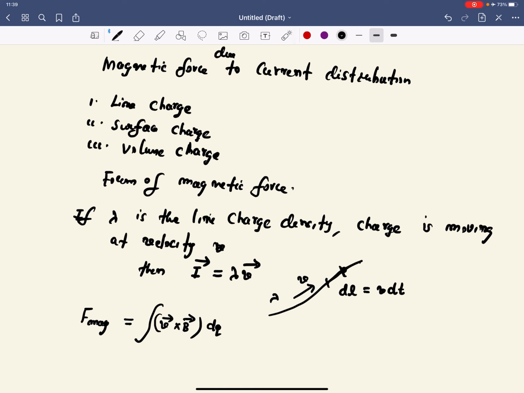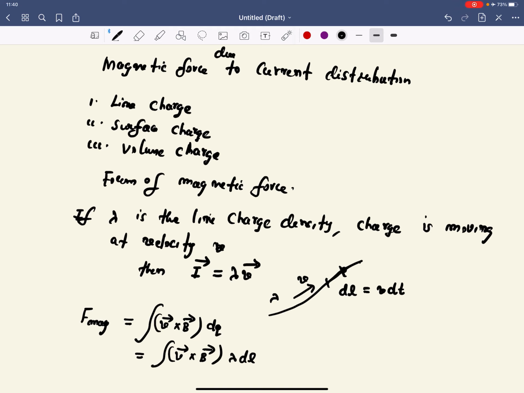And what is dq? This is equal to v cross B, and dq is lambda into dl, because lambda is the line charge density. So we can express dq in terms of this line charge density.